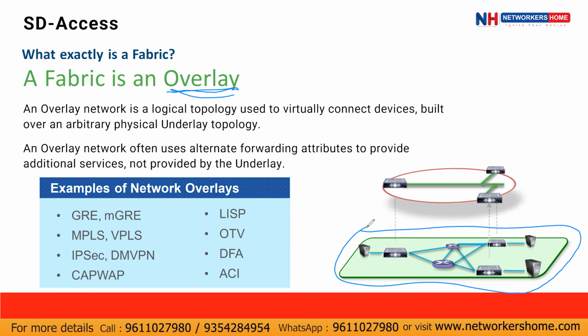But an overlay network uses alternative forwarding attributes. Now, what does this mean? You must be familiar with GRE or IPsec. These protocols are very widely used in VPNs. Even if these nodes are connected to each other point to point, or hop by hop, in the overlay it looks like your endpoint is connected over here, and here is the internet.